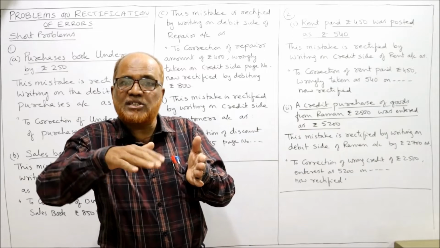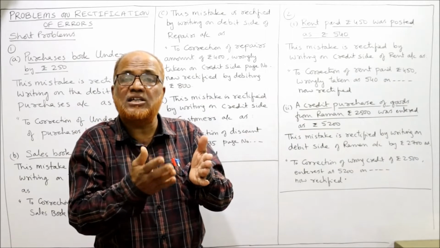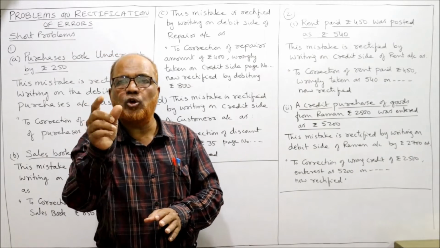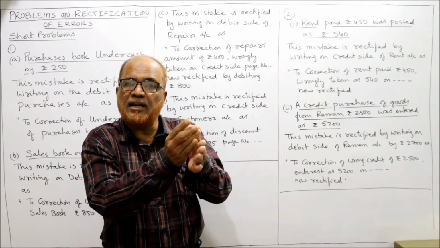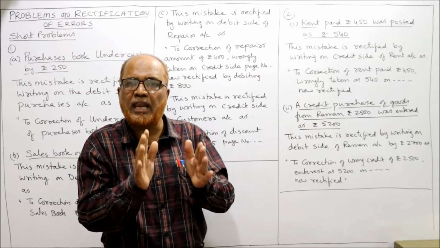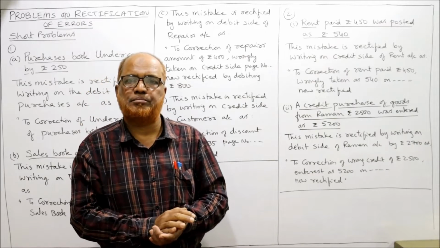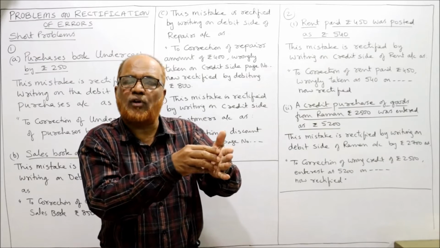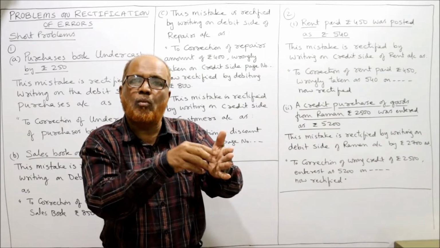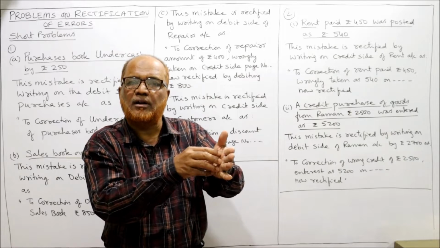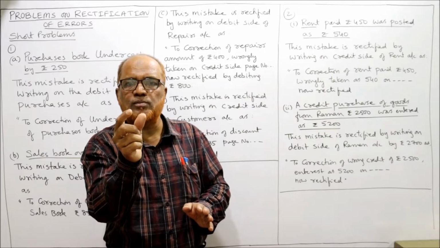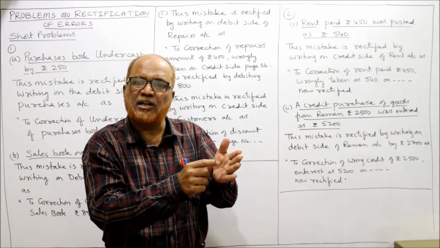So how much excess has he debited? 540 minus 450, 90 rupees more. So the error is there only in the rent account. Instead of debiting 450, he has debited 540. That 90 rupees more we have debited, that 90 rupees we credit.